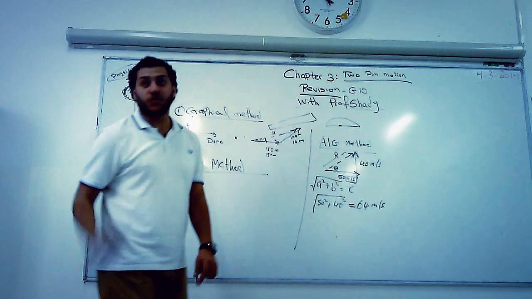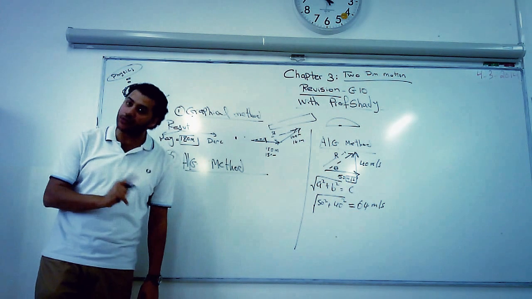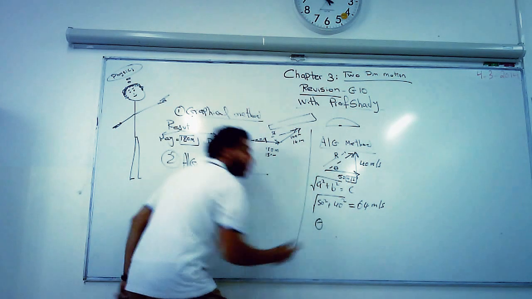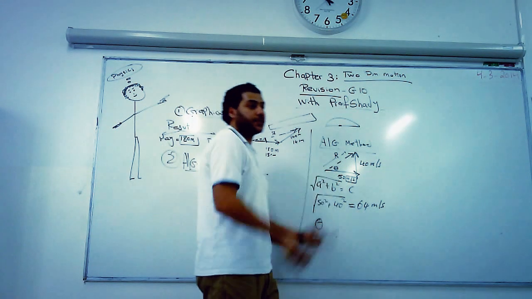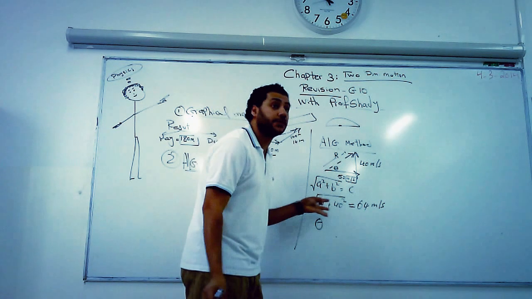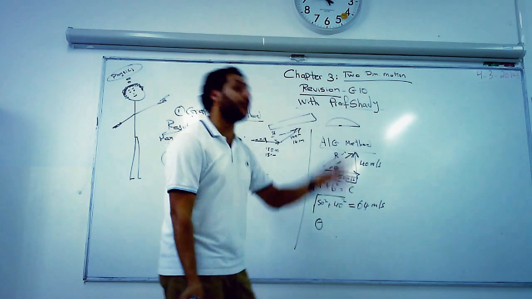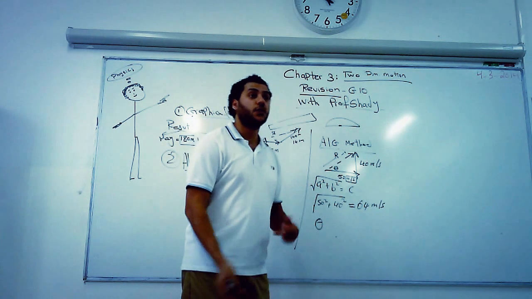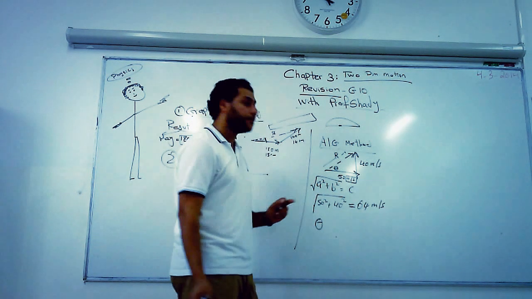I need the direction. Don't forget that you need the magnitude and direction. This is the magnitude. I need the direction theta. For sure, I'm not going to use my protractor because this is the algebraic method. We don't use any exact measurements. So you need to use the functions. Functions are SOH CAH TOA, sine, cosine, and tan. What is the best one that can be used here?